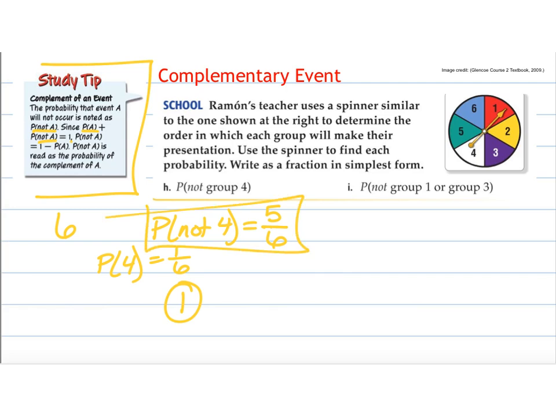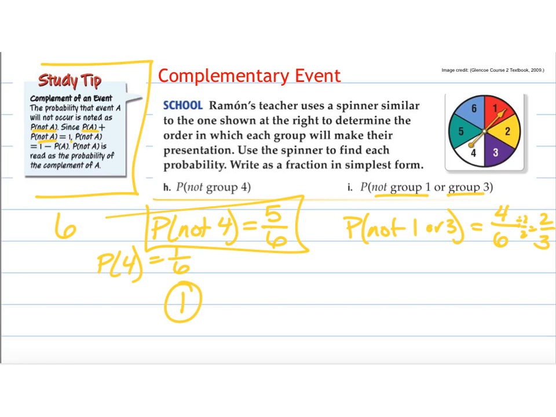Likewise, on the other side, probability of not being in group 1 or group 3. Well, if there's 6 choices and we take 2 of them out, that means the probability of not being in 1 or 3, that means there are 4 other choices left. That's 4 out of the 6, which is the same as 2/3, more likely.